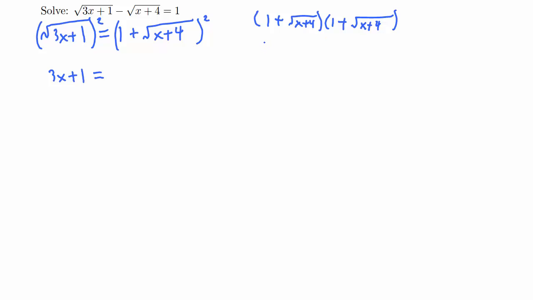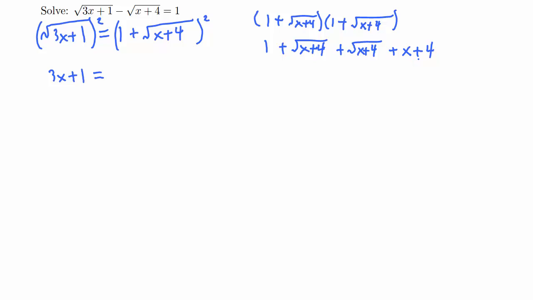Distribute the 1 gives you 1 plus the square root of x plus 4. And distribute the square root of x plus 4 gives you plus the square root of x plus 4. And square root of x plus 4 times square root of x plus 4 is the square root of x plus 4 squared. And so that's going to give you just the radicand, in this case, x plus 4.